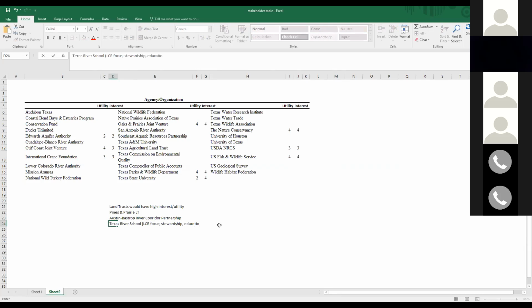And so there are a lot of other smaller groups like that, or subcomponents within LCRA, like McKinney Roughs Nature Park, and groups that might be interested in cooperating on some sort of pilot project. But I think the organizations that have pots of funding that they're trying to allocate towards a lot of different restoration projects, like the Farm Bill delivery agencies, I think they're the ones that would be really interested.